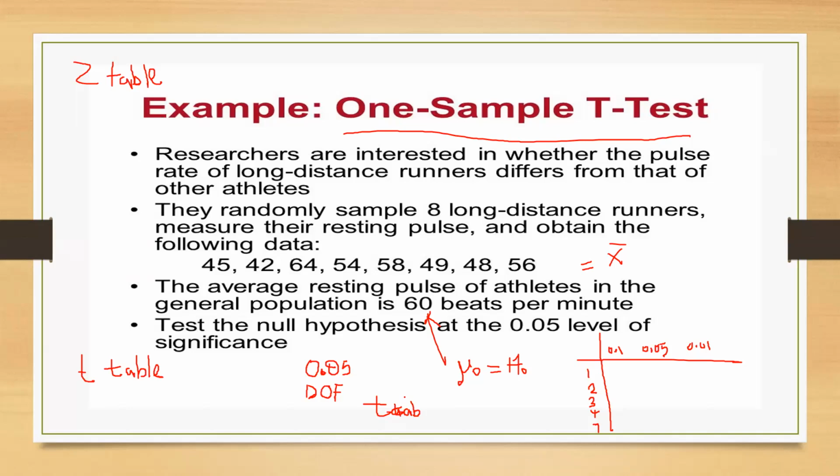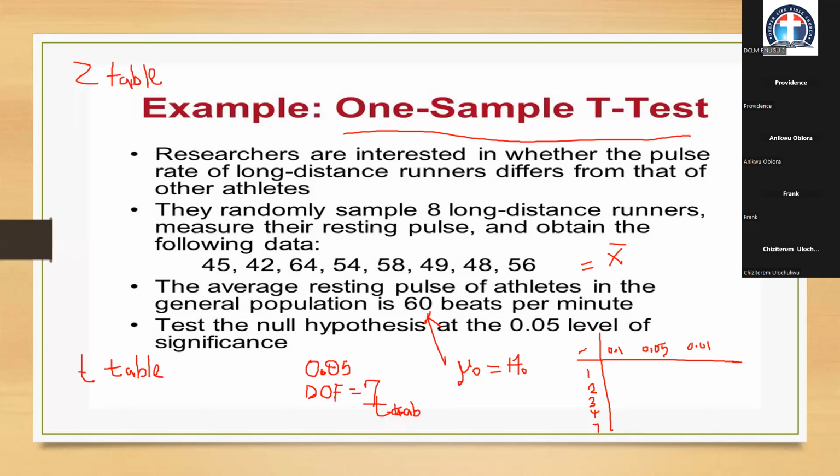You already got the degree of freedom to be 7. Now you will go there. You will see the degree of freedom on the vertical column. You check it under that alpha level, which is 0.05. The number you see at this point is your T-tab. Let's assume the figure you found there is 2.25. That figure is what we call your T-tab.